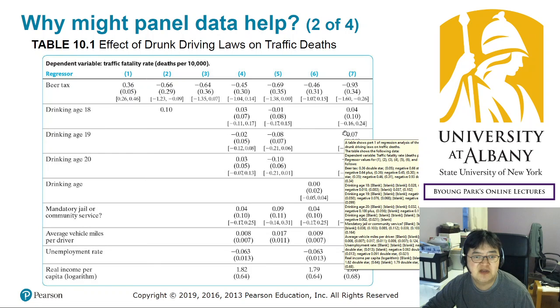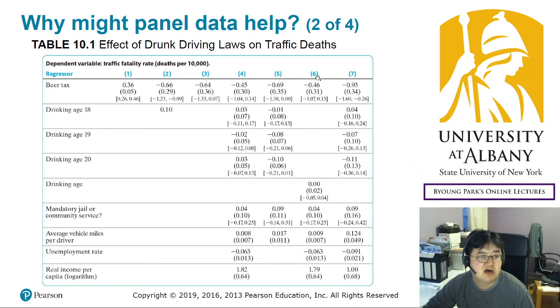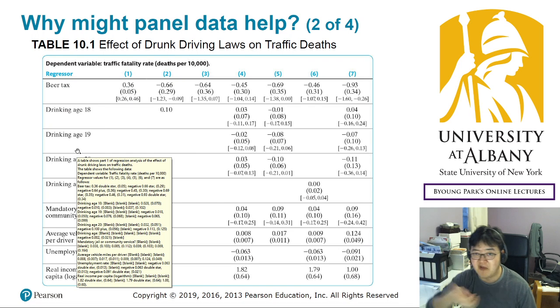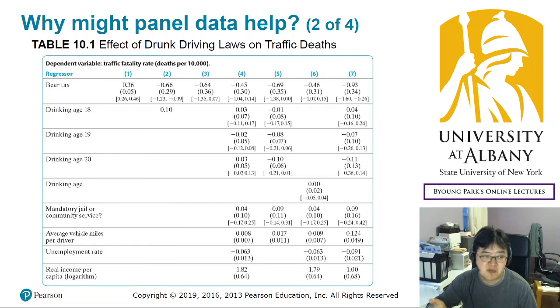So this is how we interpret. Model 6 is the difference between model 6 and model 5, model 4. Models 4 and 6 differ in how we handle drinking age. Model 4 includes 3 dummy variables, drinking age at 18, 19, or 20, but you may include this as another variable, where 18 is a number, 19 is another number, 20 is another number.